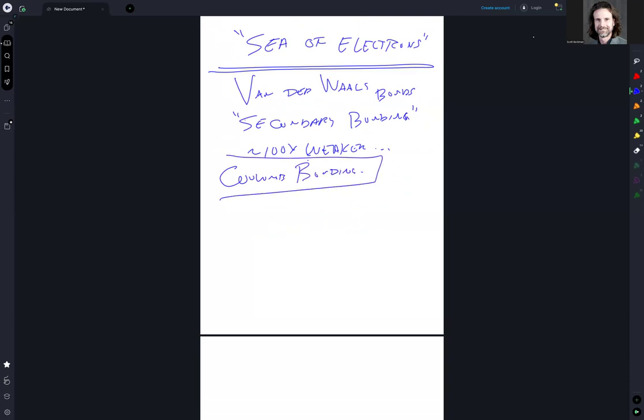And there are three classes of van der Waals forces I'd like to discuss. First is London dispersion forces. In the case of London dispersion forces, you have two induced dipoles, and those induced dipoles are attracted to each other.